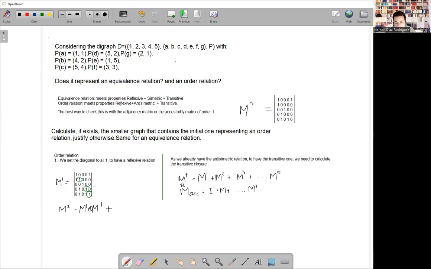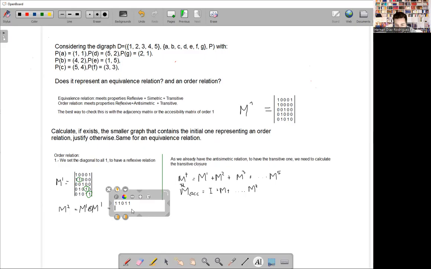And remember that this is a logical operation, right? So I won't explain this multiplication in detail because we already did it, but it is the logical multiplication of this matrix by itself, right? So we can already write the result.